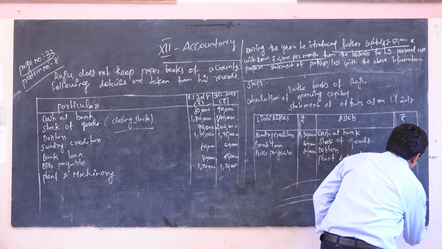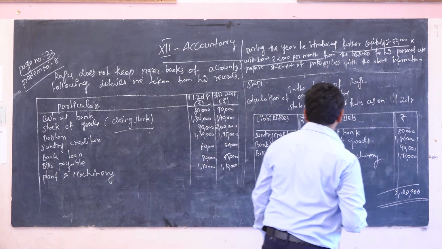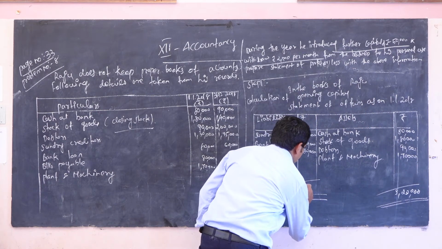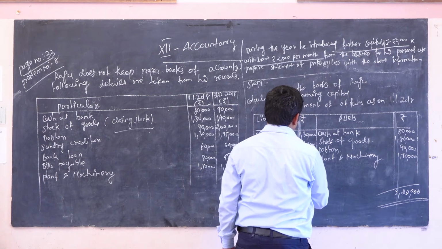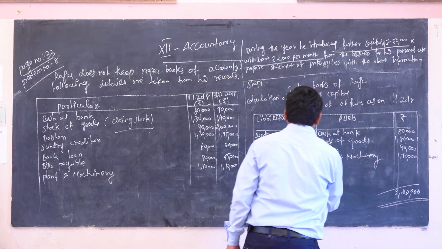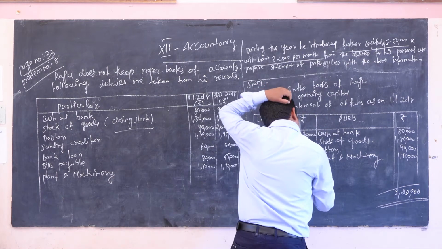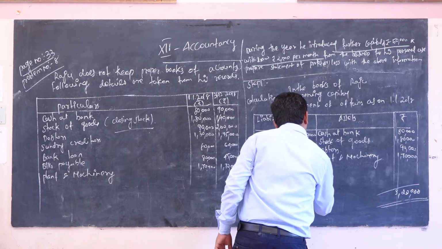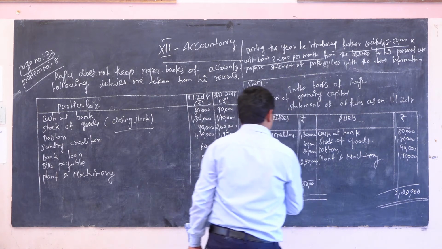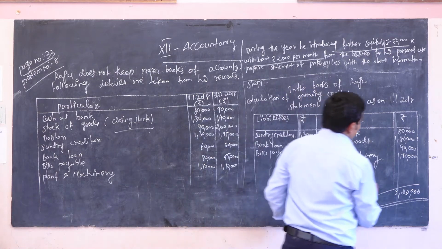Totally 3,20,000 here, and here also 3,20,000. So you have to add, so 1,90,000, then 2,70,000. So the answer is 2,50,000.